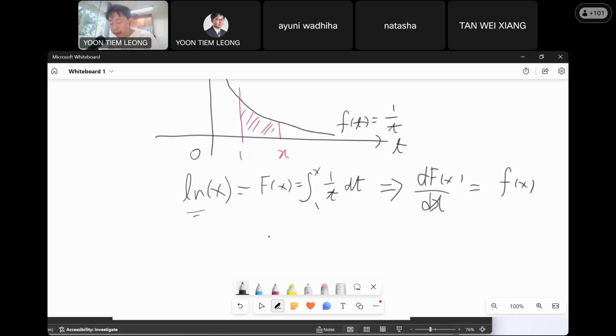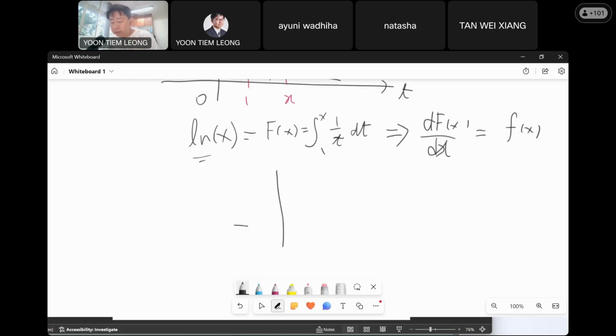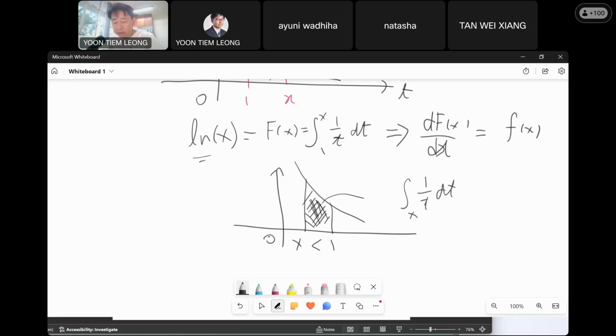In the case where the natural log function is calculated at x less than 1, the area defined here is given by the integral of 1 over t dt from x to 1.